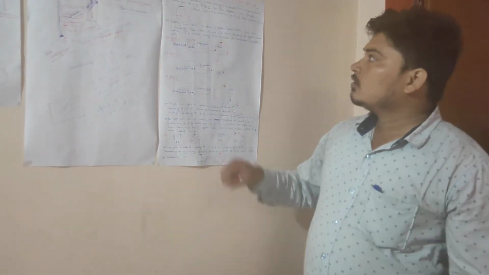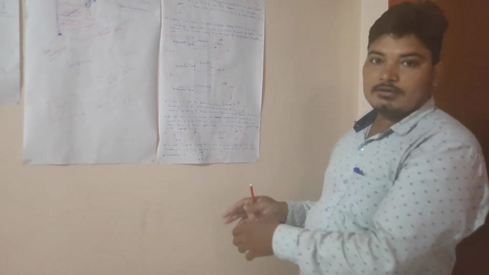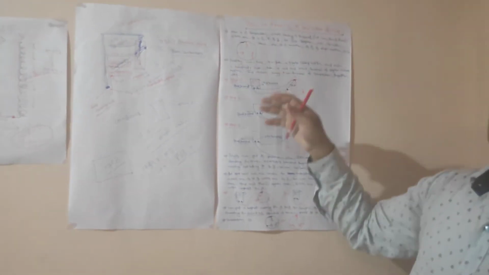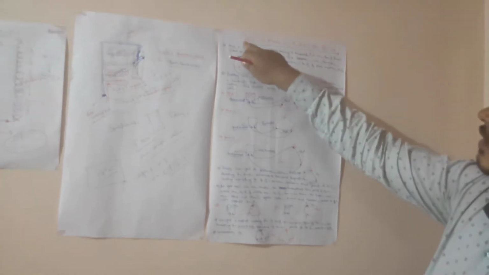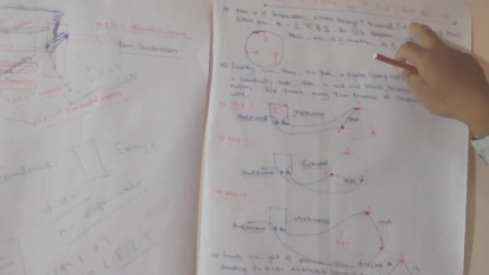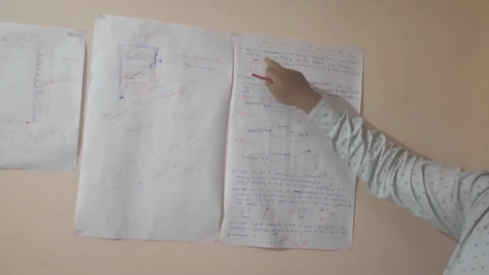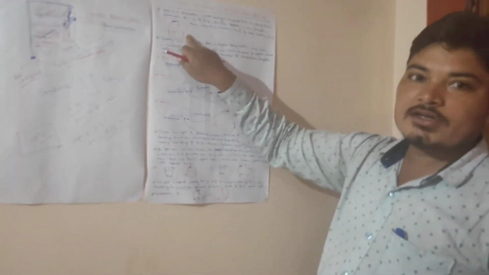So I'll make a simple diagram here, because we can easily understand with the help of a diagram. Above, I have written: how to trace common, running, and starter point of a compressor. This is a compressor which has three electrical terminals, but we don't know which one is the common, running, and starter.